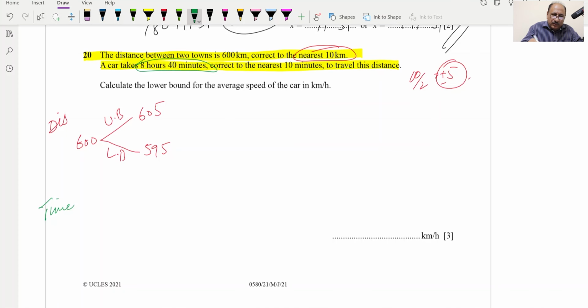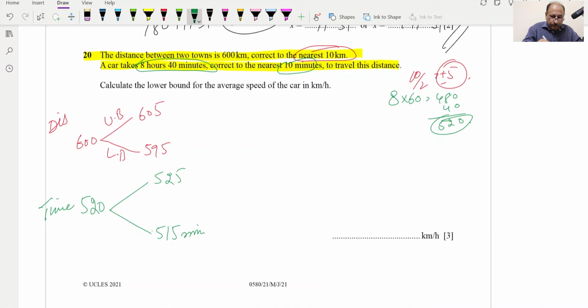In minutes it will be how much? 8 multiplied by 60 is 480, plus 40 minutes results in 520. So 520 minutes will be the time, and for upper bound and lower bound to the nearest 10, we add and subtract 5 minutes, so it will be 525 minutes and 515 minutes. Basically this is in minutes.